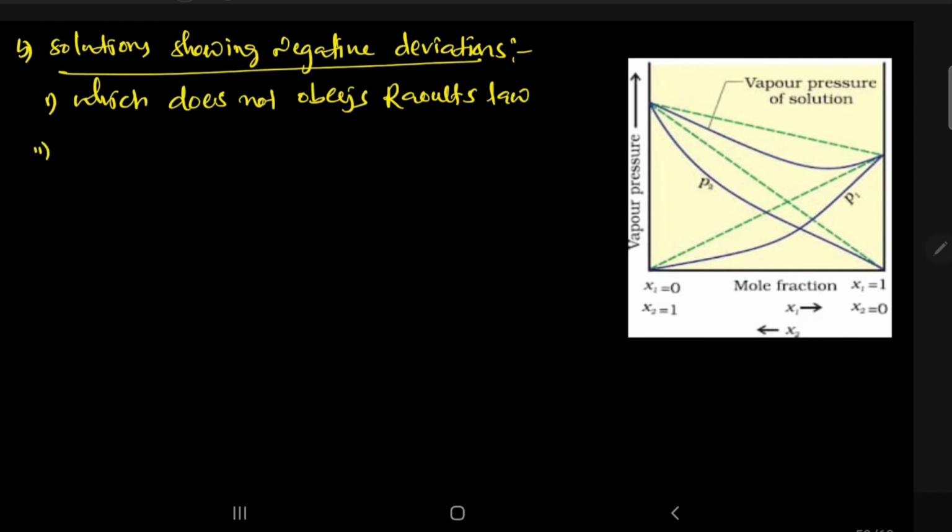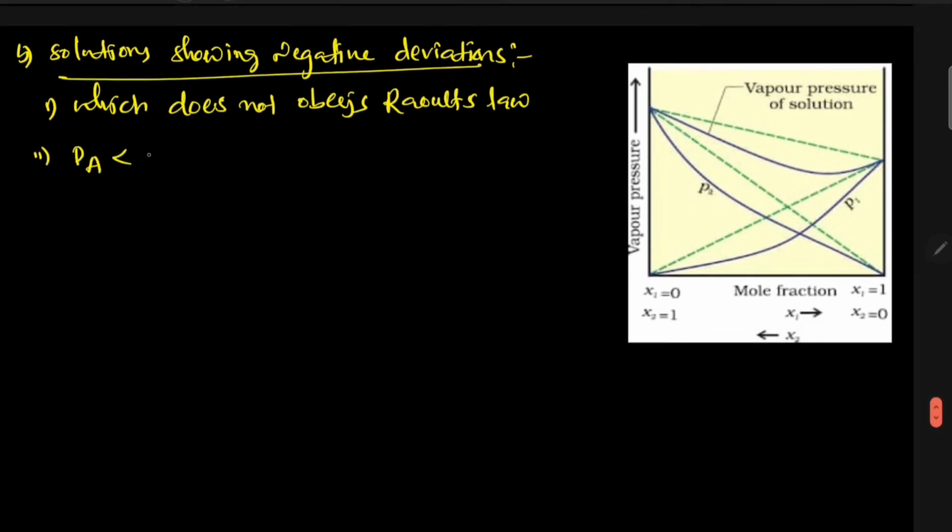Now, PA is less than P naught A into chi A, and PB is less than P naught B into chi B. Here PA is the partial pressure of the solvent component.